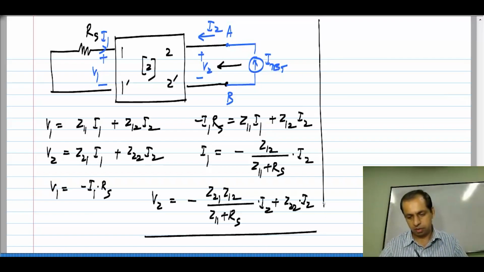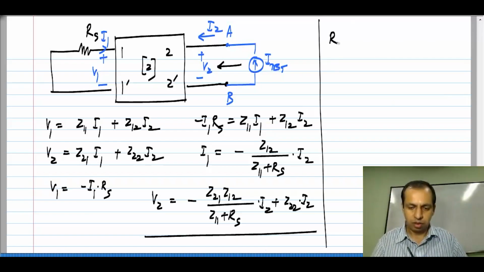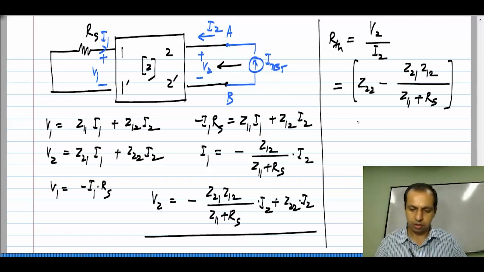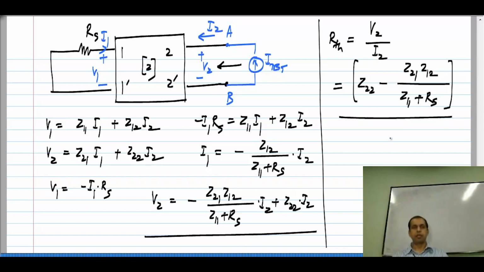And the Thevenin resistance, which is nothing but V2 by I2. I2 is the same as I test, and V2 is the voltage developed wherever you apply I test. This will come out to be Z22 minus Z21 Z12 divided by Z11 plus Rs. So, that is what we are going to have.